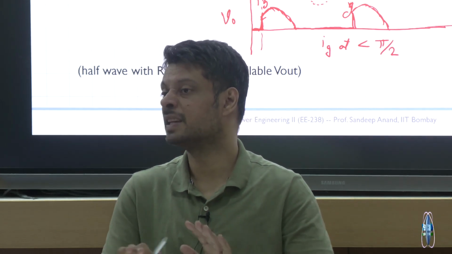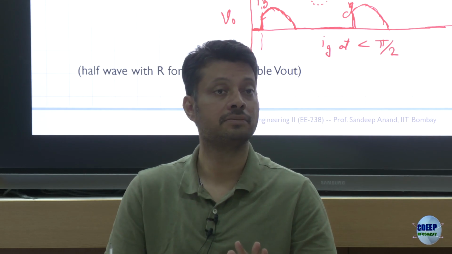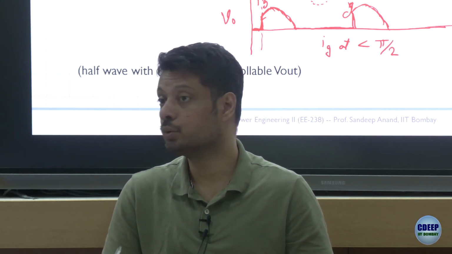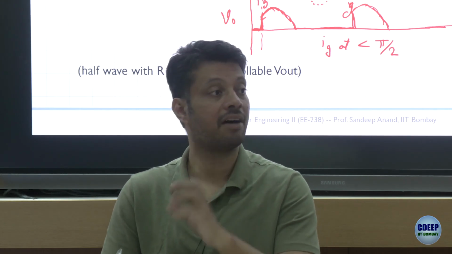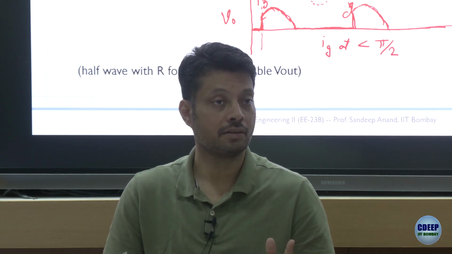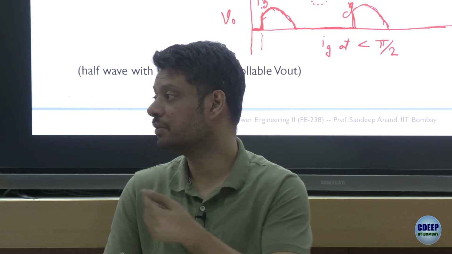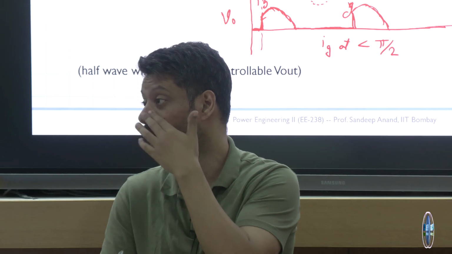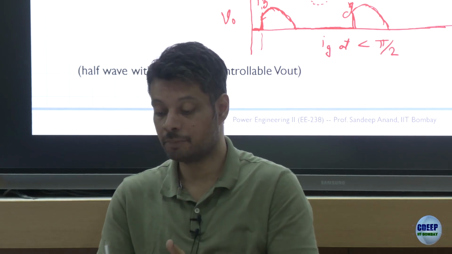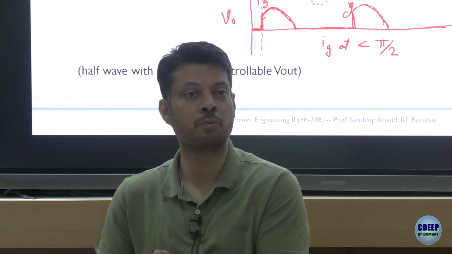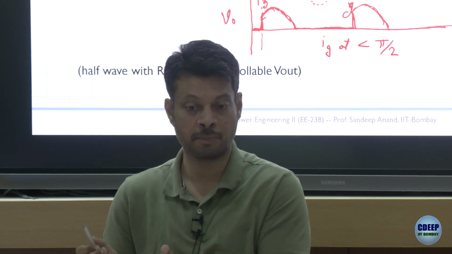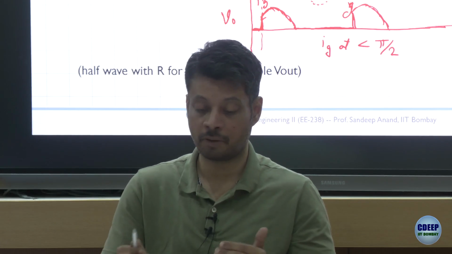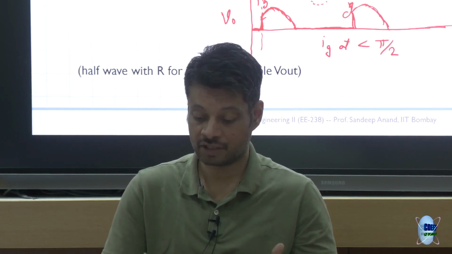Any question in these basic waveforms? Anyone? What this semi-controlled device can do is, we can change the average output voltage, right? Depending on where we fire or provide the gate pulse, we can change the average output voltage. If I provide the gate pulse at pi, my average output voltage will be negligibly 0. If I provide it at pi by 2, it will be the average of one waveform. If I provide it at 0, it will be the average of another waveform.